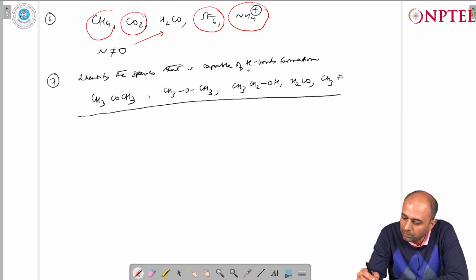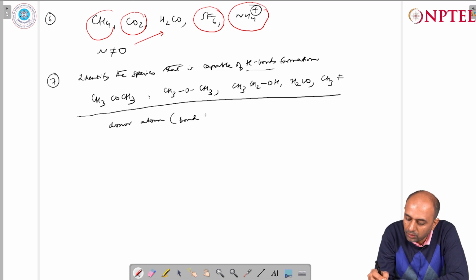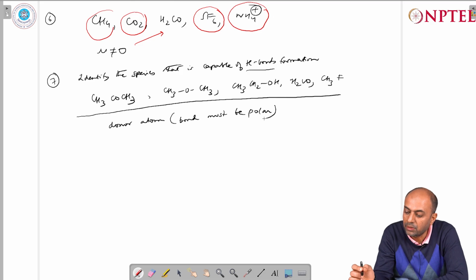To form hydrogen bonds, to start with, the compound must have a donor atom and the bond must be polar. That means there must be a substantial electronegativity difference between the two atoms which constitute the polar bond.